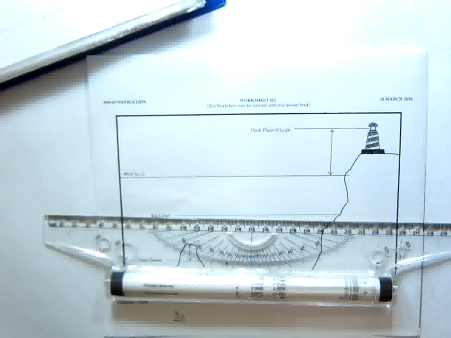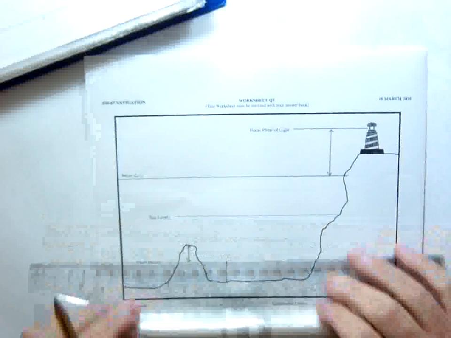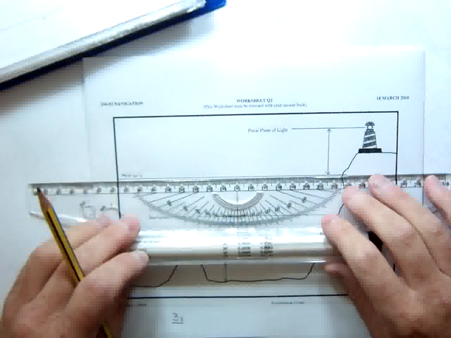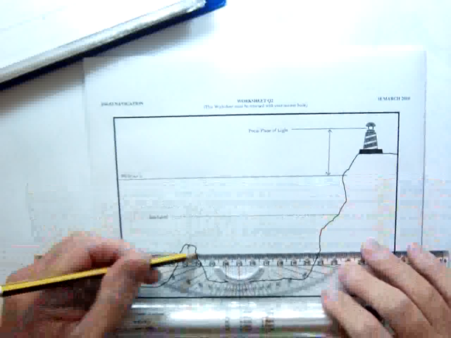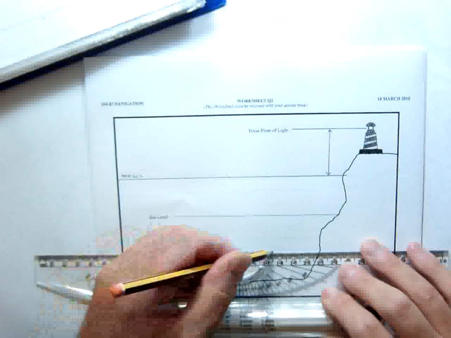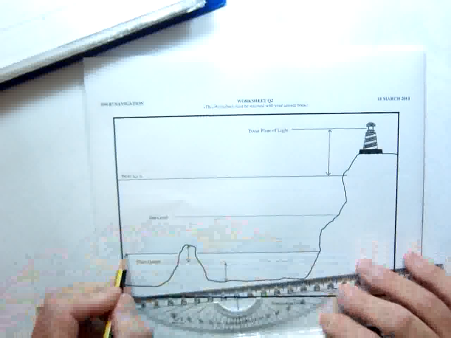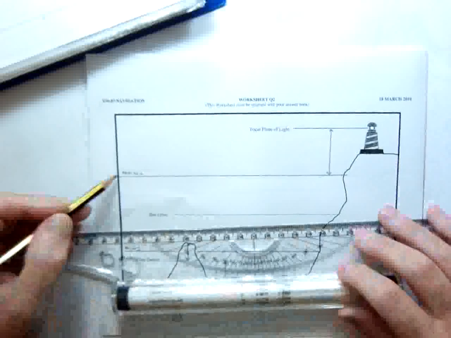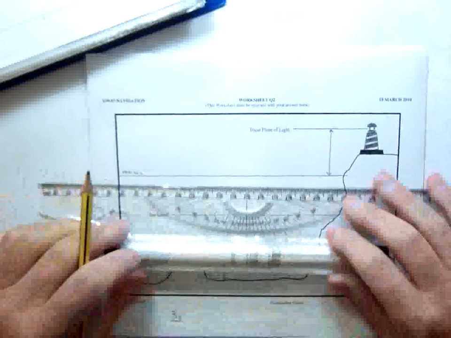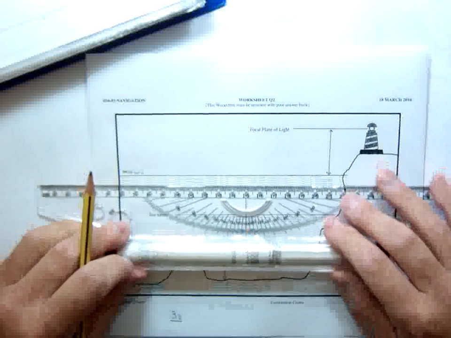And then we have mean low water springs, and they're low water spring tides, and they're actually lower than others. So let's put in mean low water springs. So we've got high tide, low tide. Then we've what's called the neap tides.